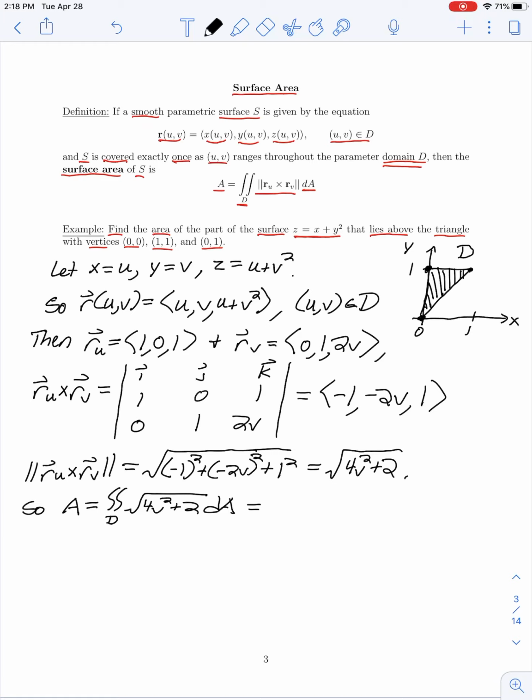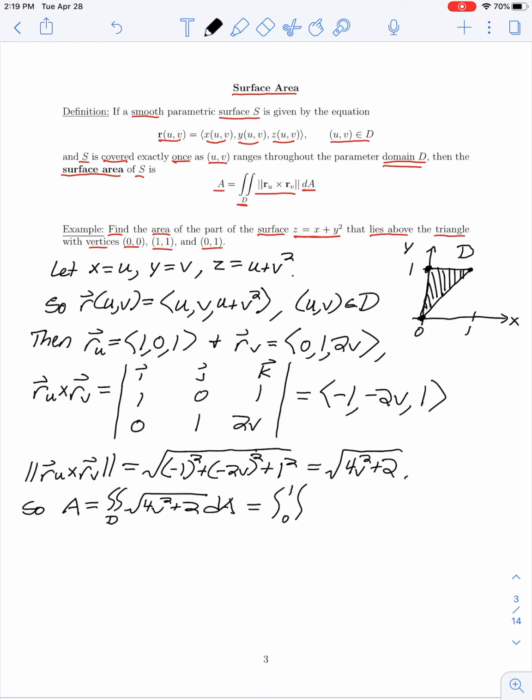So here, if we think about our domain D as being a type 1 region, we can think about the outer integral with respect to x, or with respect to u here, as ranging from 0 to 1.